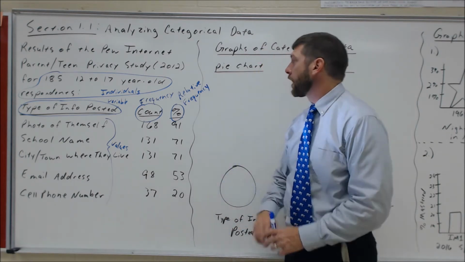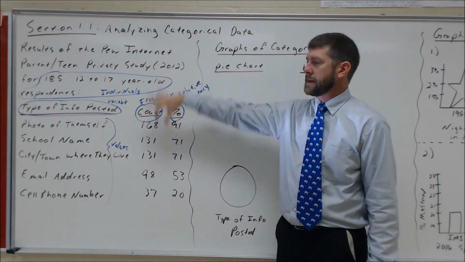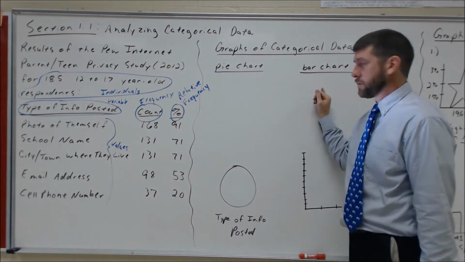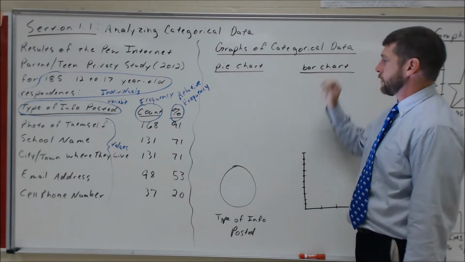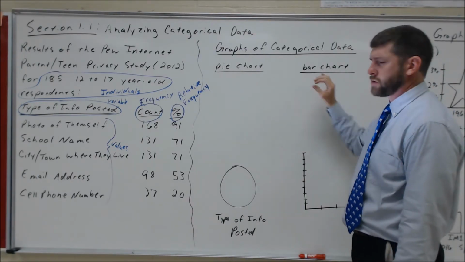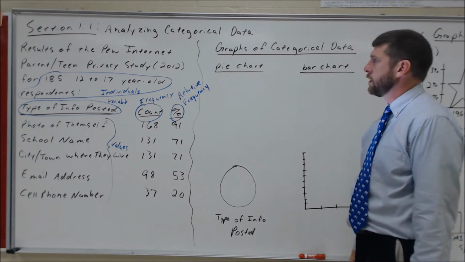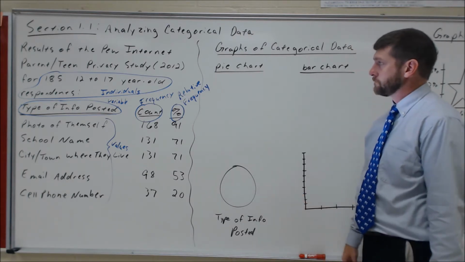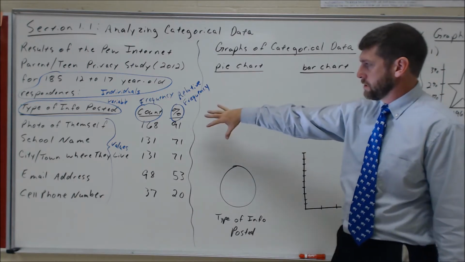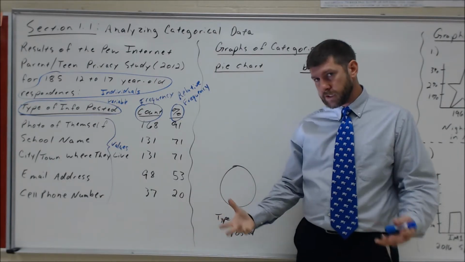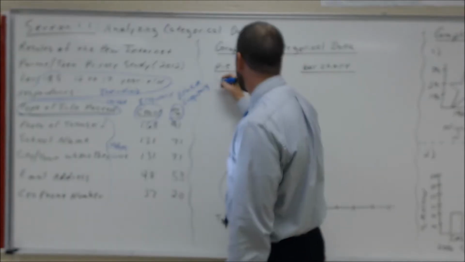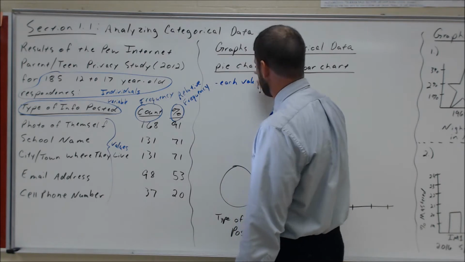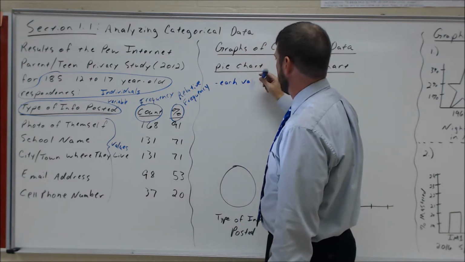All right, so let's talk about how we could take something like this and put it in a graph. There are two types of graphs we really focus on when we're dealing with categorical data. We deal with pie charts and bar charts, and you've worked with both of these in the past. If we were going to do a pie chart, we would take each one of these values and each value represents a slice of the pie.